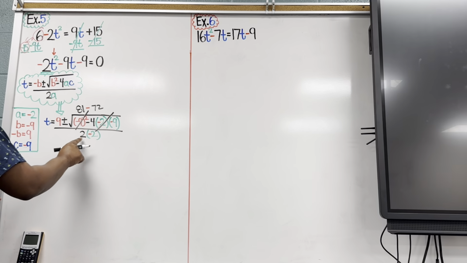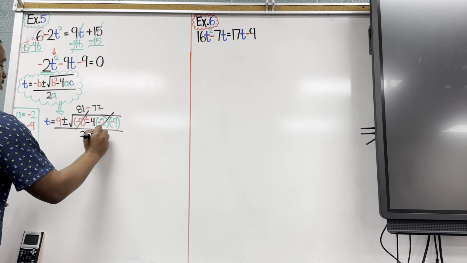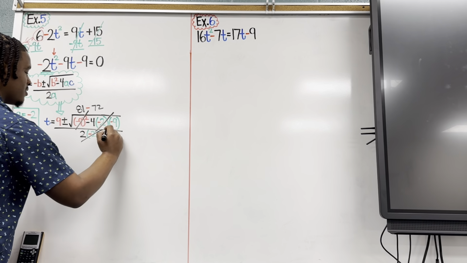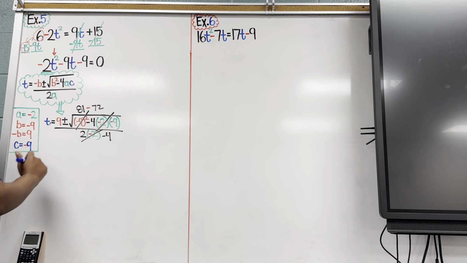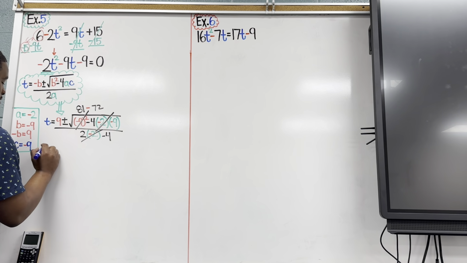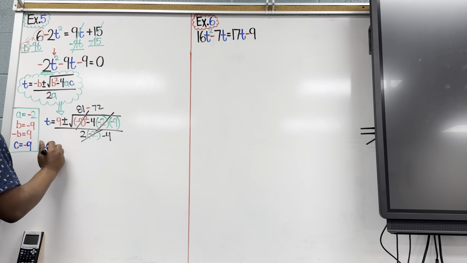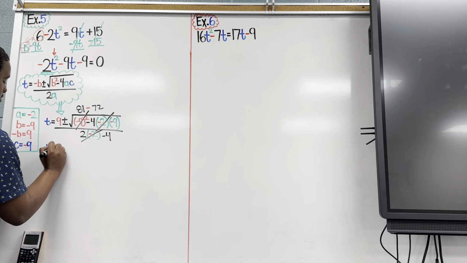Right here, 2 times negative 2 is a negative 4. And of course, we got the 9 plus or minus in the front. So now, what we're going to do is rewrite this whole formula, but in simplified form.